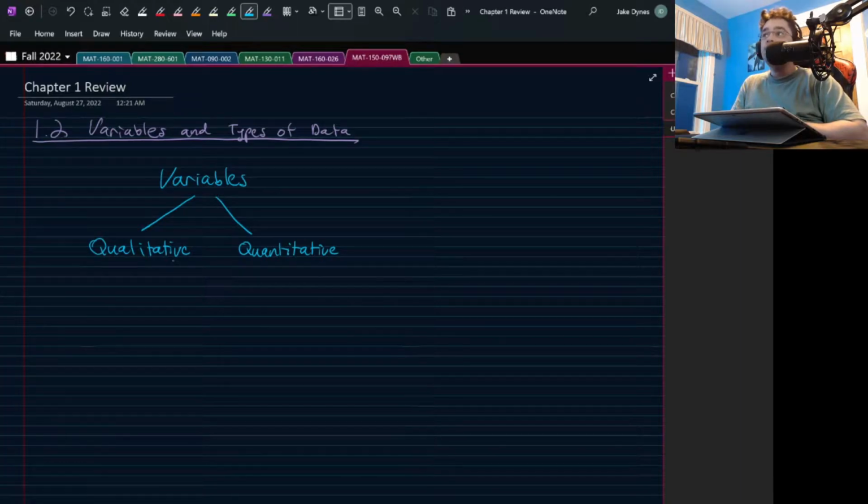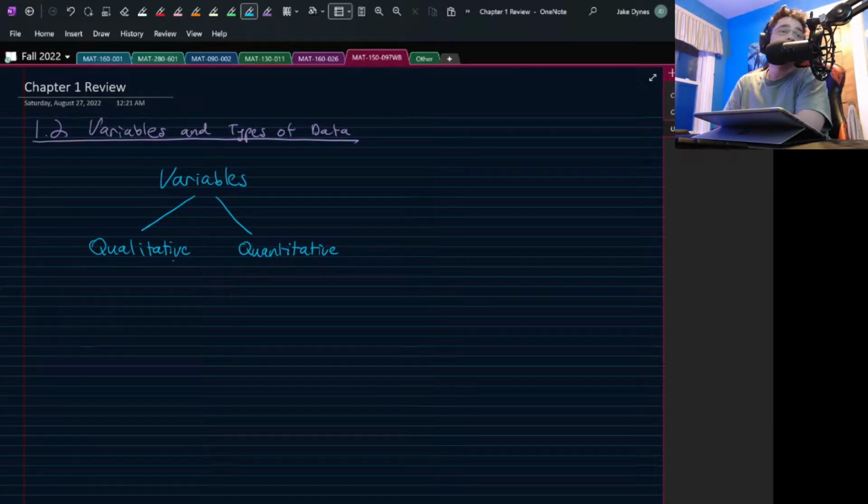And qualitative, those are pretty arbitrary. They talk about some quality of the object. So they can't be directly measured by a number. That would be things like color, maybe the type, things like that. And quantitative, that's things that can be counted.